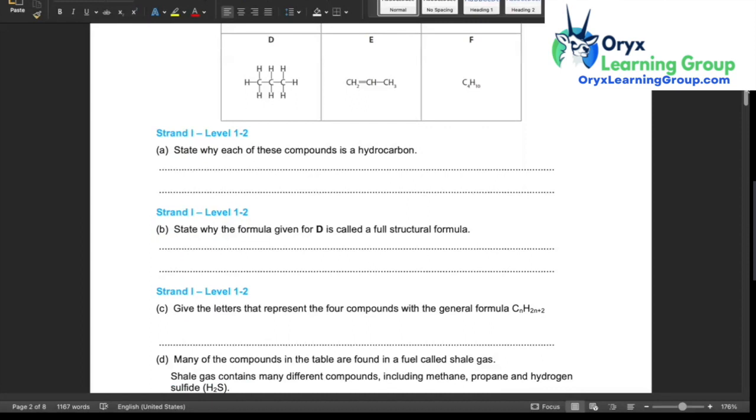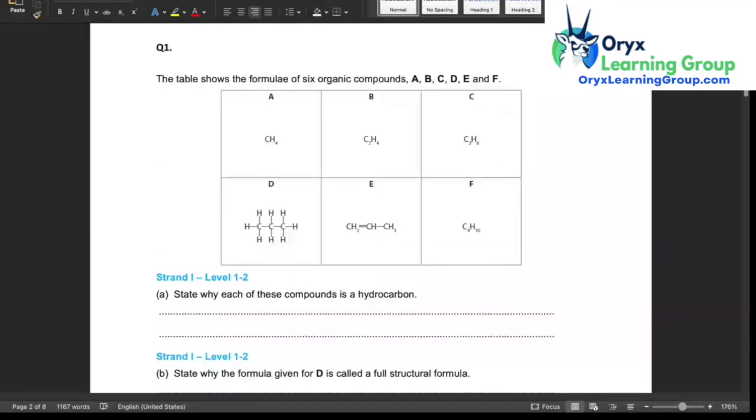Give the letters that represent the four compounds with the general formula CnH2n+2. What will be the answer for this one? Alkanes. Yes, alkanes, right? So CnH2n+2 is for alkanes. Which ones are those? What will be the letters which represent alkanes?